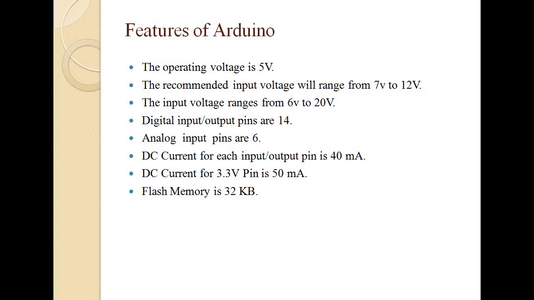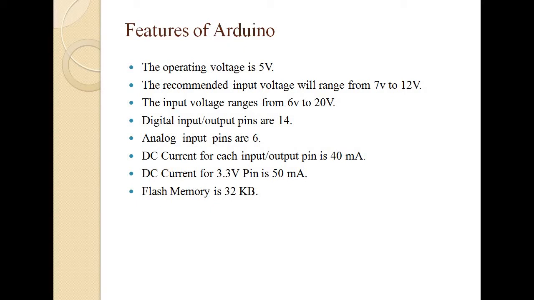Okay, so these are the key features related to the Arduino. First of all, operating voltage is 5 volt and recommended input voltage will range from 7 volt to 12 volt. Input voltage limit ranges from 6 volt to 20 volt. Digital input output pins are 14, analog input pins are 6.